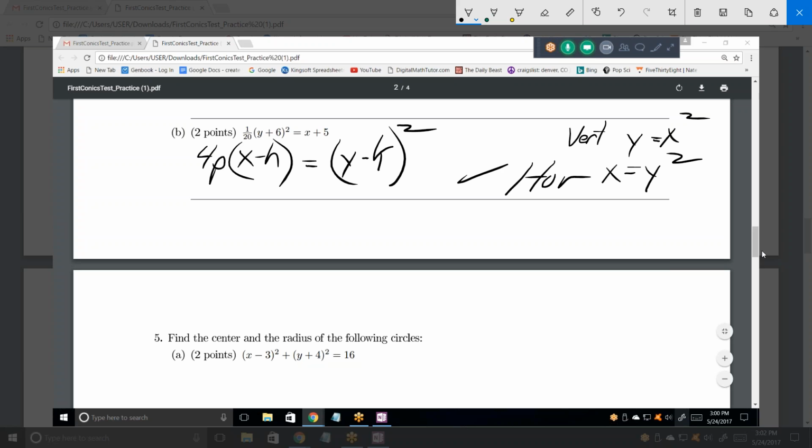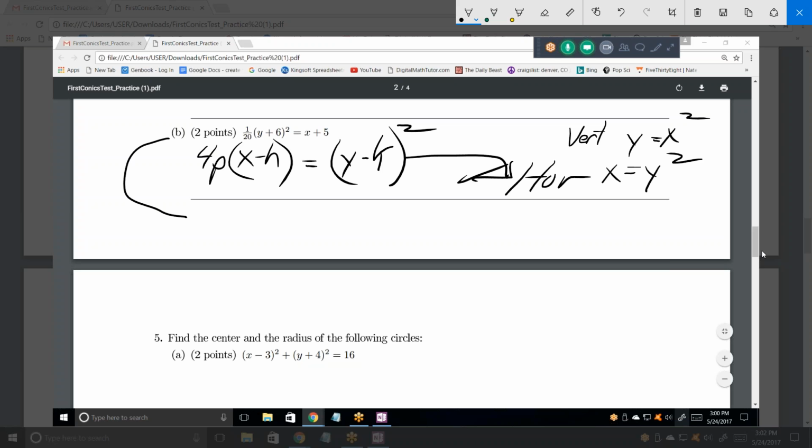In other words, it has to fit the horizontal, which is x equals y squared. Well, this is going to produce an x equals y squared. And the way they've given it to us is not quite like this. So what do I have to do to that equation to get it into this format?